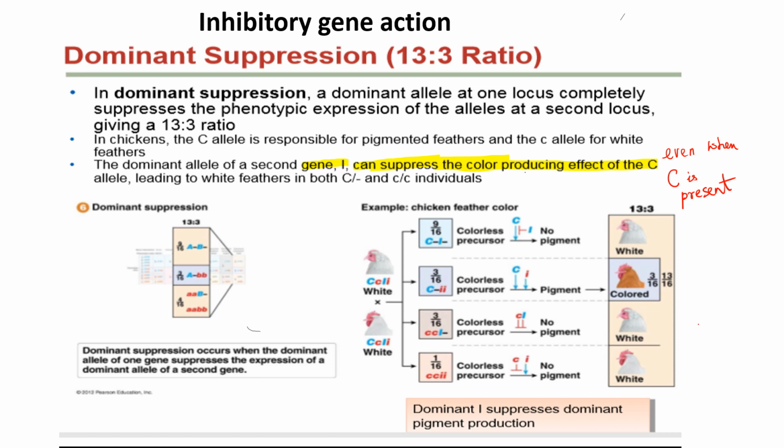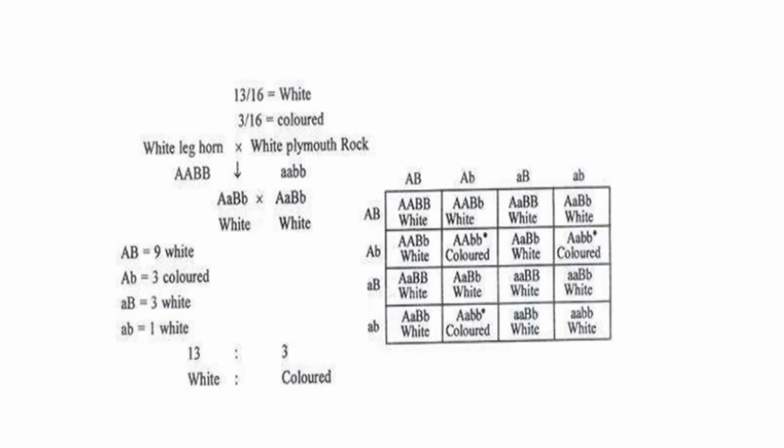So the phenotypic ratio we get is 13:3. We perform a cross, put a Punnett square and find out the final phenotypic ratio.